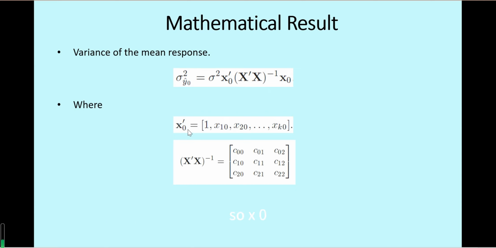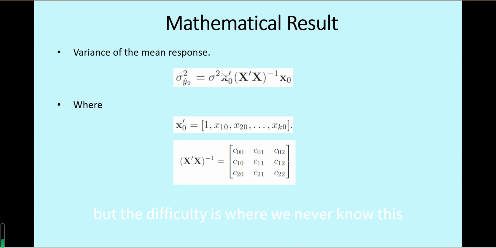So x0 transpose is this row matrix, and x0 is a column vector, and this term is the multiplication of the row and column matrix of x. So this is constant. So all information from this term comes from independent variables. If we know this term, then we can know the variance of y hat, so we can construct the confidence interval.